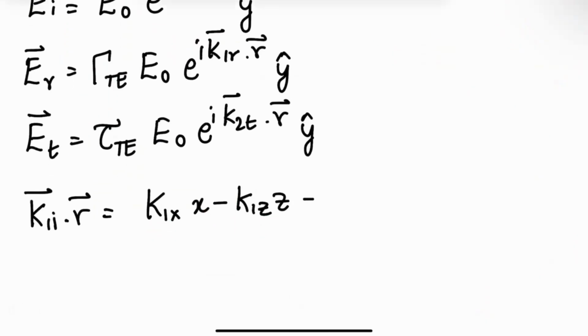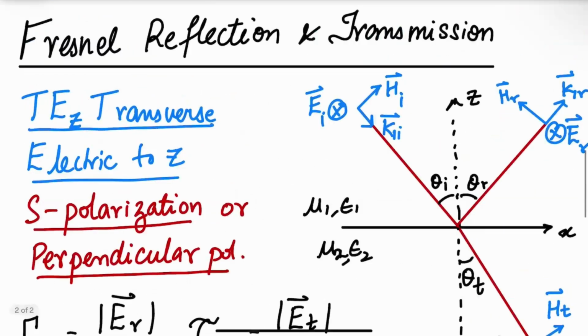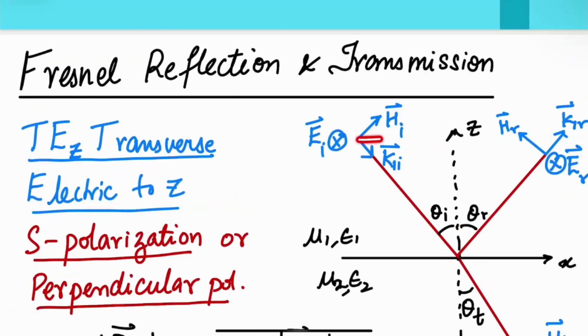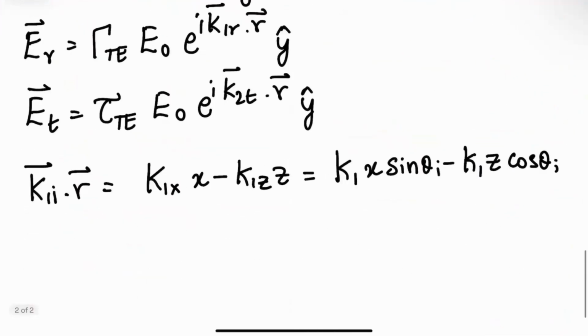Again, I can write this in terms of cosine and sine as well, which is k1x sine theta I minus k1z cosine theta I. Right? Because if you go back here, this is theta I, then this angle is also theta I, which means this component of k1I is nothing but k1 cosine theta I, and the x component becomes k1 sine theta I.